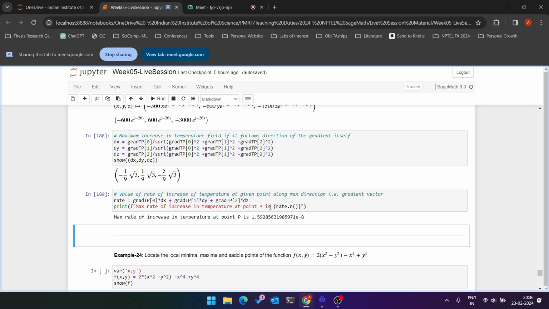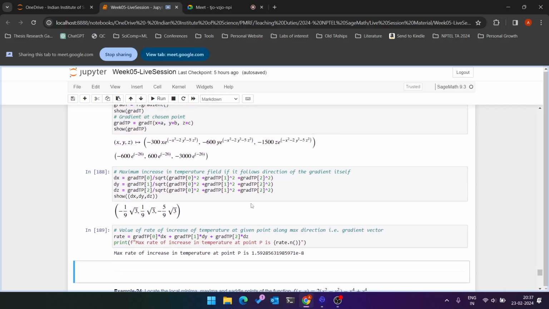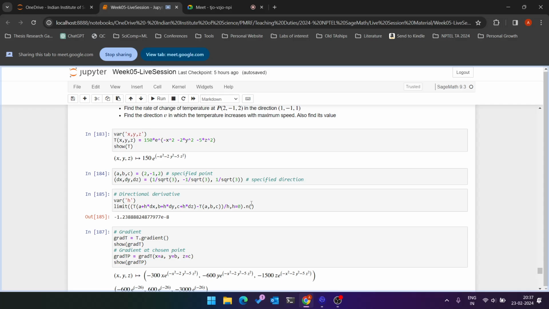So this is a very small increase, but it is the maximum increase that we can get at our point. Suppose we were to look at a point which was much closer, say 0.1, you might see larger values.